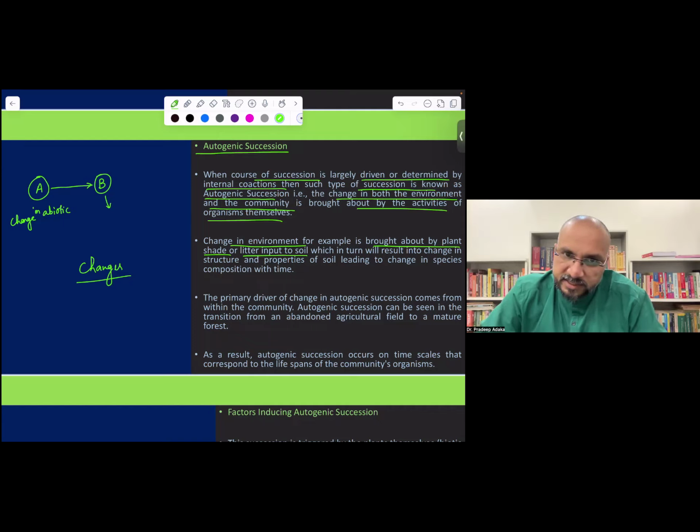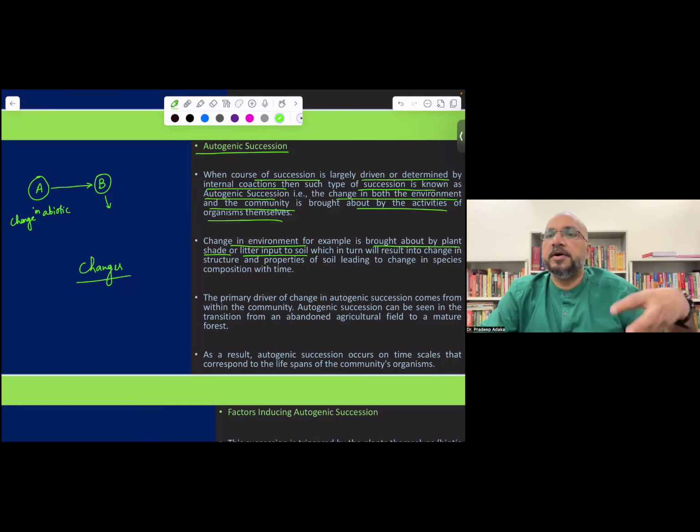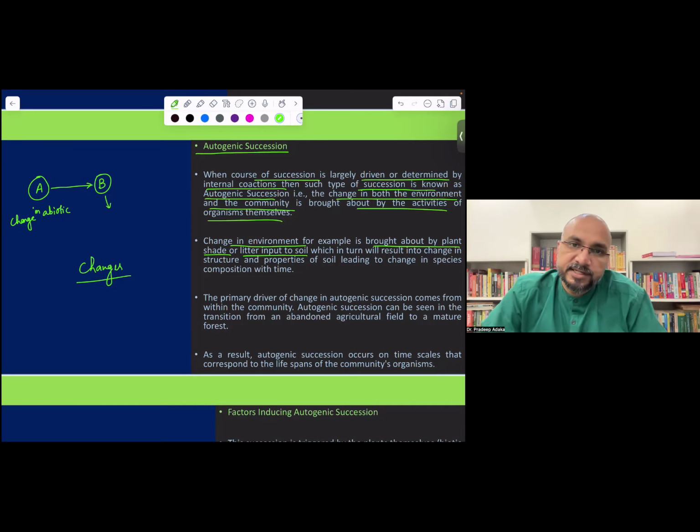Now autogenic succession समझ में आ रहा है. Internal factors, because of the shade given by the pioneer species or because of the organic matter added by the pioneer species, it is bringing changes in the abiotic conditions. The primary driver of change in autogenic succession comes from within the community.